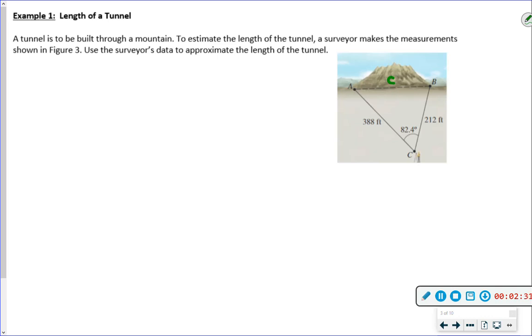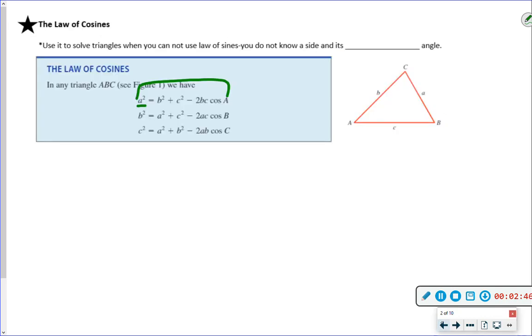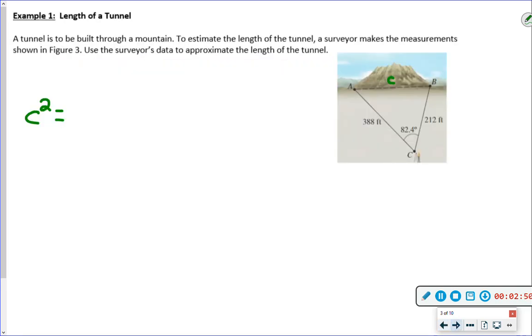Now, I could not use Law of Sines if I had a choice because I do not have an angle and opposite side to start with. So I'm going to use Law of Cosines. I need to find c squared. So clearly, just to show you, we're using this third equation, but I don't like to memorize formulas, just patterns. I square and add up the other 2 sides.